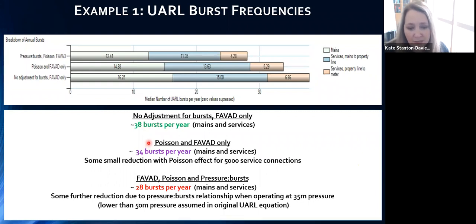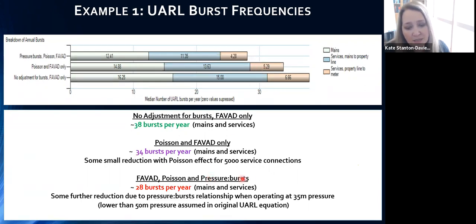It's about on that 5,000 boundary where the UARL equation was recommended to be used for 5,000 service connections and above. So we do see a very small reduction if we consider the Poisson effect, and bear in mind we're considering the median number of UARL bursts rather than the average. So that reduces it from 38 to 34 per year in total across all our mains and services for this zone.